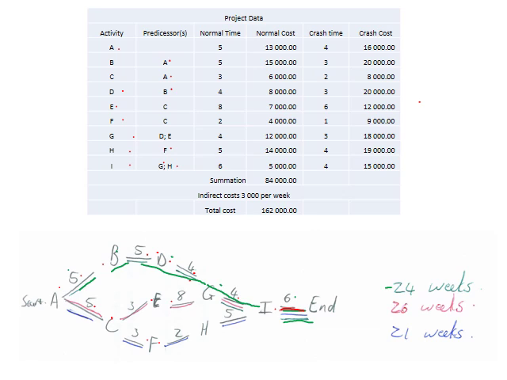Then we go to G, E, 3, 5, add those together, get 26. And the same with the last one, I, H, F, C, and A, gives us 21. So we established that our critical path is 26 days, so that's our longest path.